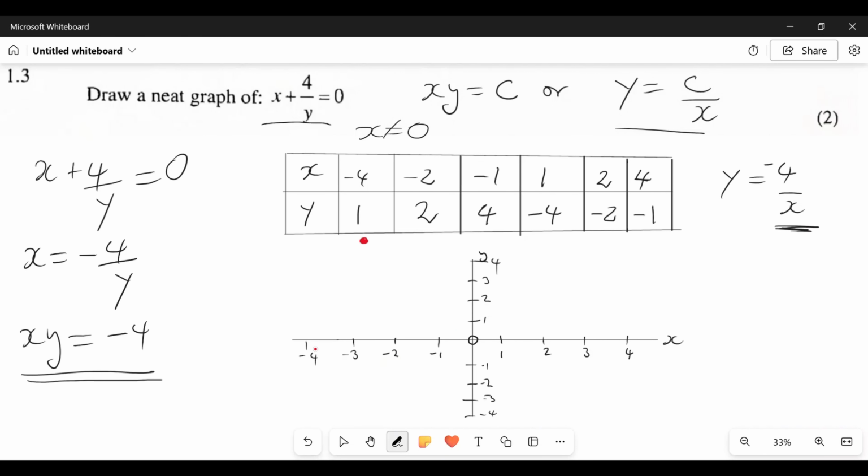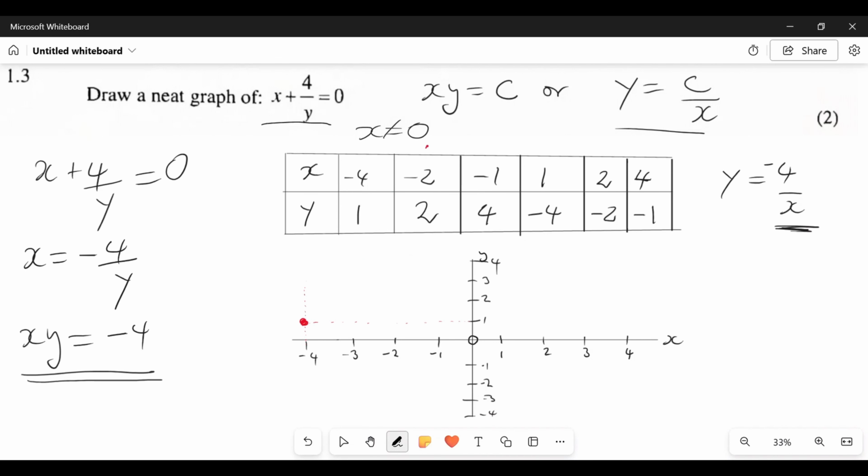So our x is negative 4 here. We draw a vertical line with a ruler, then come to where y is 1, and also draw a horizontal line using a ruler. Wherever these lines meet is going to be your point, right? Let me erase this before it confuses us.